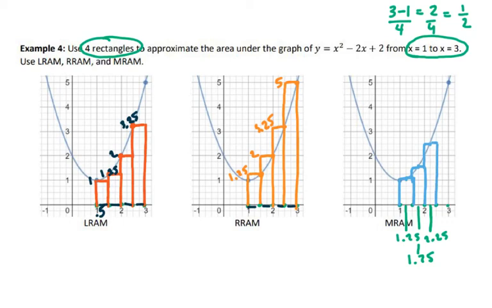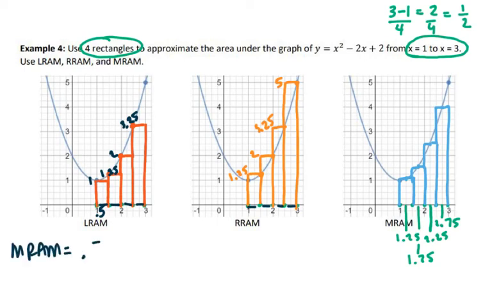I'm not doing very good drawing these. And then the last one, of course, would be 2.75. So I would actually have to use my calculator for these to type them in and verify they're what my eyes are looking like they are.